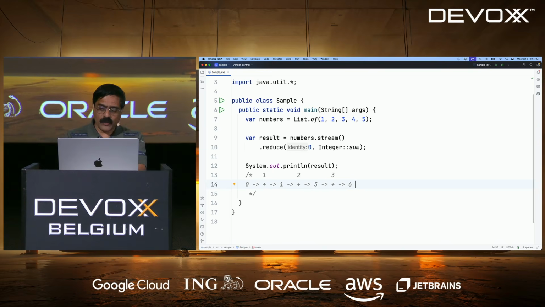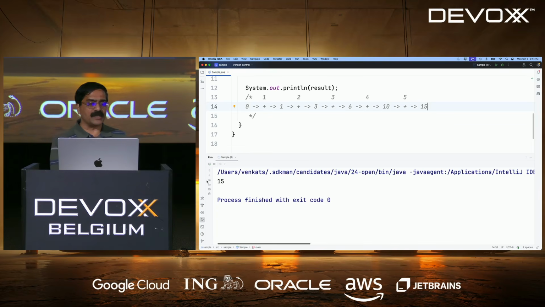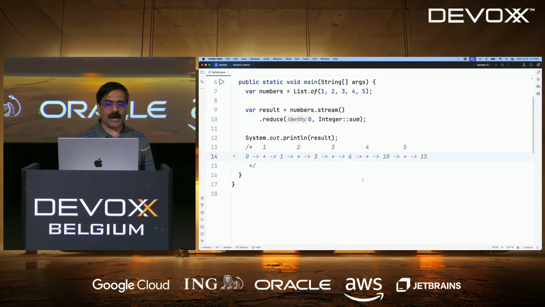On that, you perform the operation plus again, but this one is on 4. The result of this is a 10, on which you perform the operation one more time, this time using a 5, and the result is 15. So when you execute this, the result is 15, and that's how it's computing that value in the reduce operation.